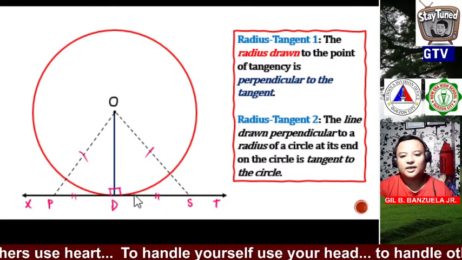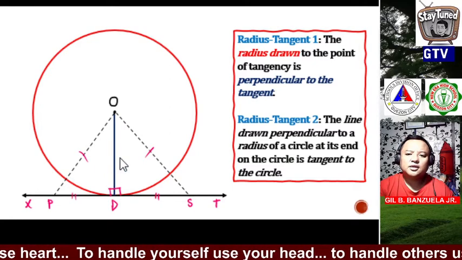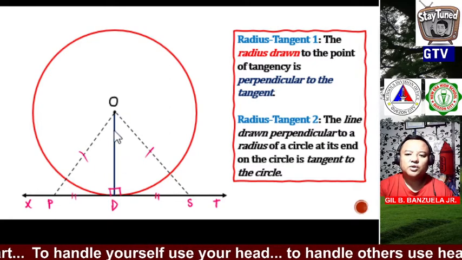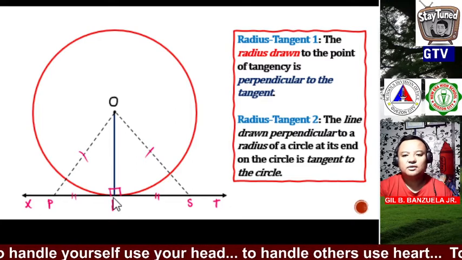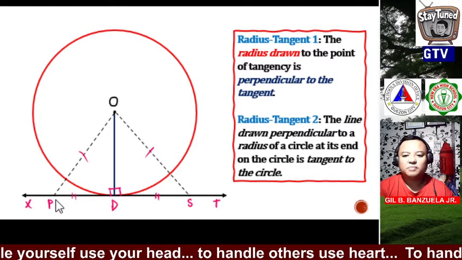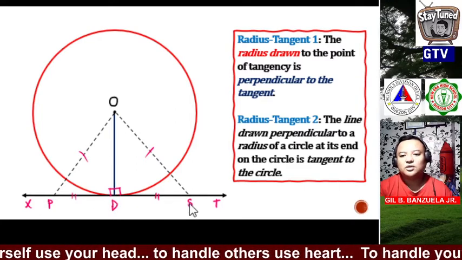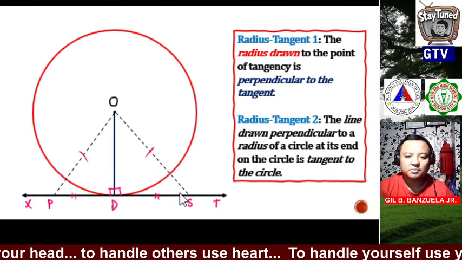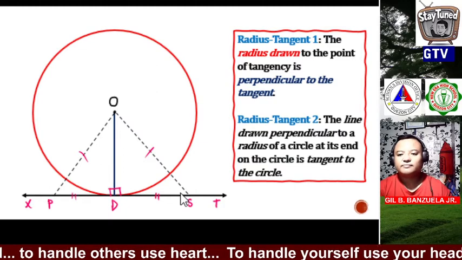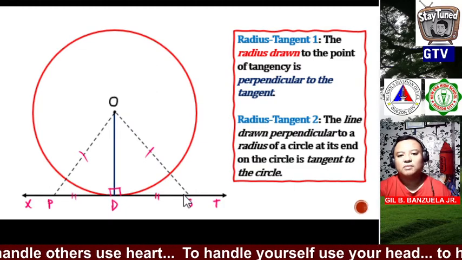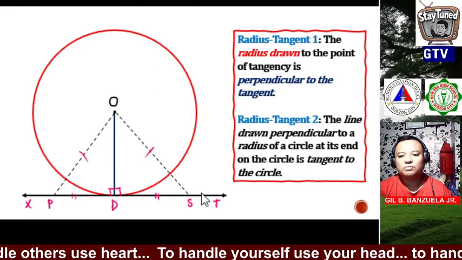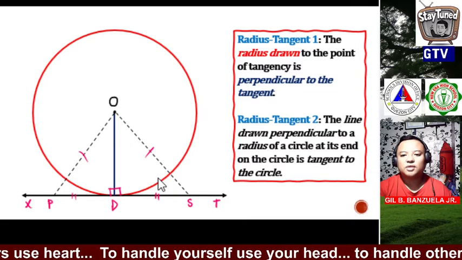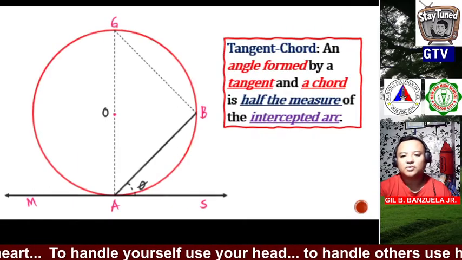Then we can solve the distance from point O to point D, point D to point P, point D to point S, and point O to point S using the Pythagorean theorem. Those are the things we can solve or do with this theorem. Later we will have a problem on that.